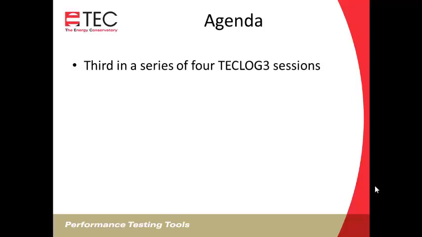As I mentioned, this is the third in a 4-part series. The first part was a basic intro to TECLOG, showing you some of the features and using it to data log pressures. The second session was about doing a simple single fan blower door test and then importing that data into TechTite Express to create a report.